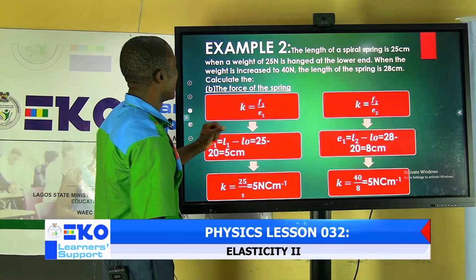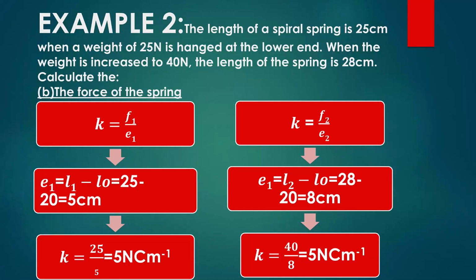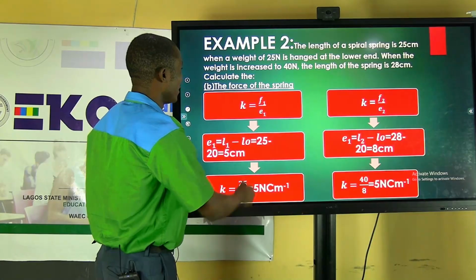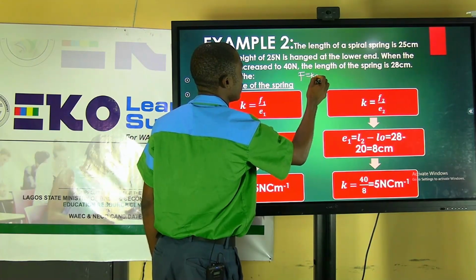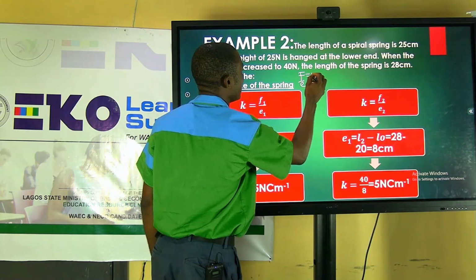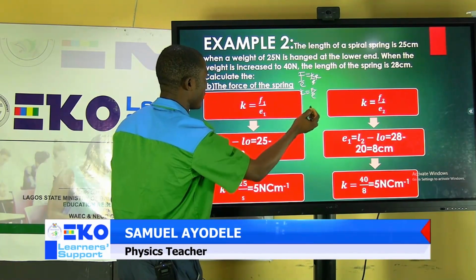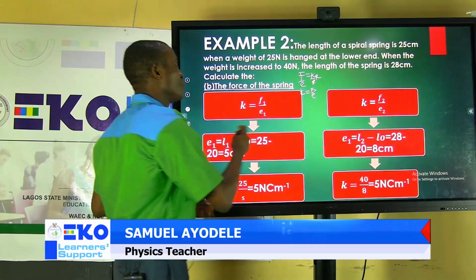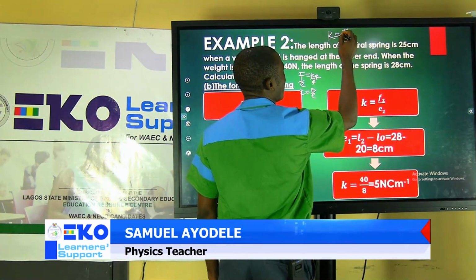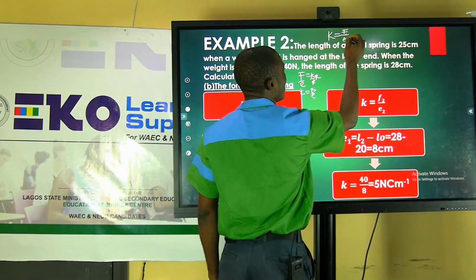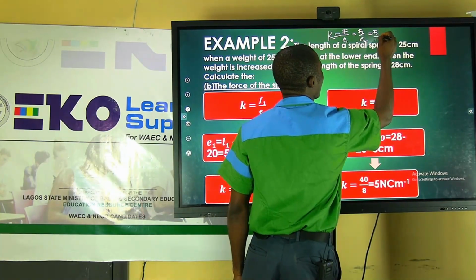The next part, the second part of example 2, is that we are looking for the force constant of the spring. The force constant from Hooke's law, which says that F equals K E. So dividing both sides by E, you have K equals F over E. Remember that I have told you that for any material, the force constant K equals F1 over E1, same as F2 over E2, same as F3 over E3, and so on.